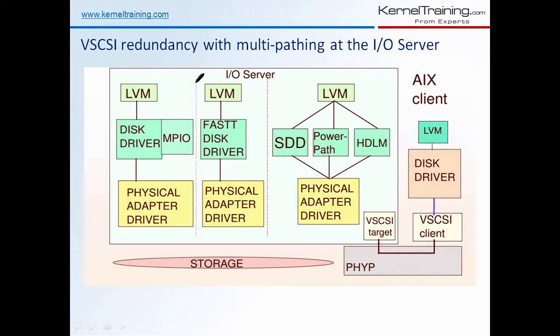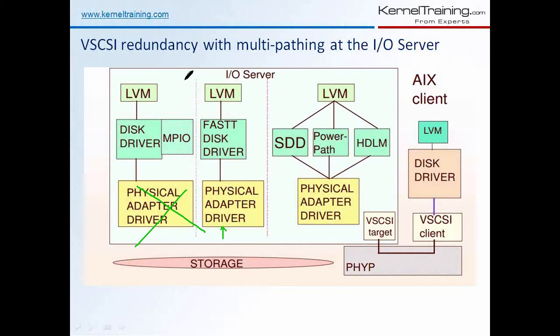With the help of multipathing software, I can assign the LAN to my client. The benefit is that if one physical adapter fails, I am still able to access the LAN through the other physical adapter.